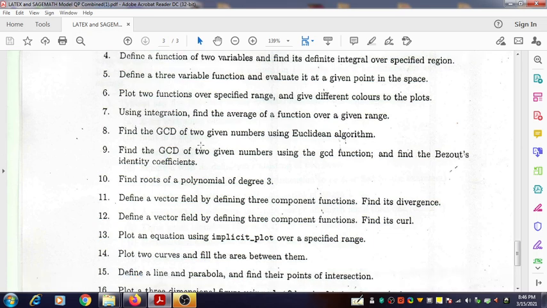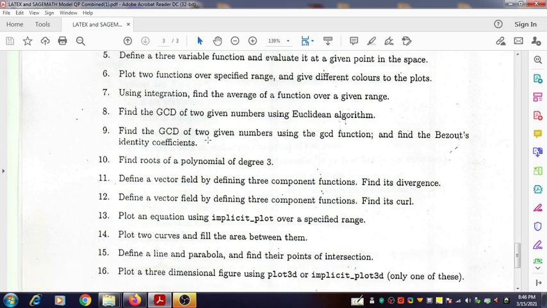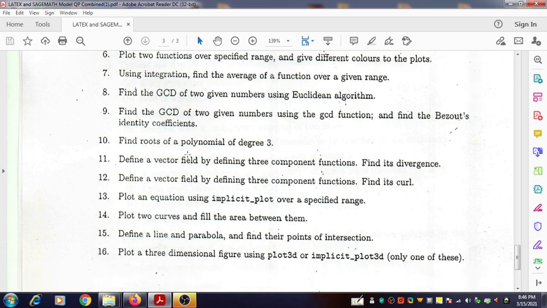Then find the GCD of 2 given numbers using the Euclidean algorithm. Find the GCD of 2 given numbers using the GCD function, and express the GCD using Bezout's identity method. The next question: find the root of a polynomial of degree 3.